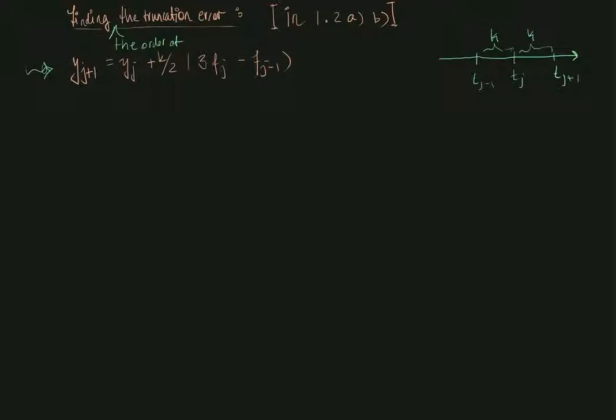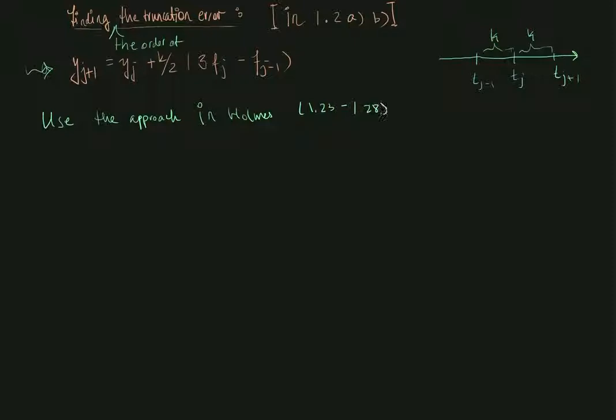So what we do when we find the truncation error here is we use the approach that we find in Holmes. So we are inspired by the approach in the book, equations 123 to 128.